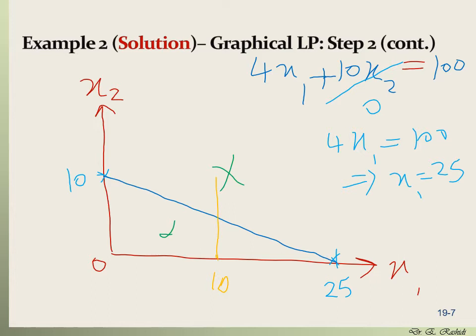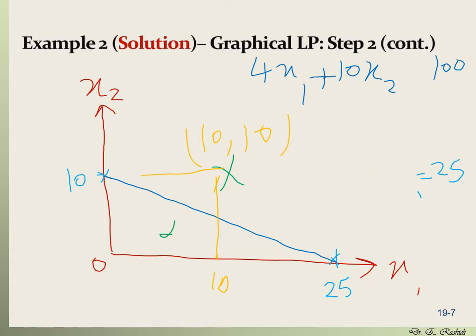So this point here is x1 equal to 10, x2 equal to 10. I want to see if this satisfies the inequality. So first we need to convert this back into an inequality, less than 100. Now we're going to put this point in this inequality to see if this is less than 100.